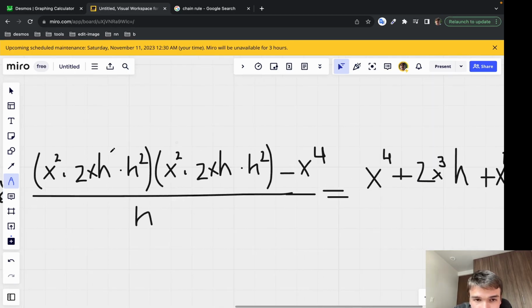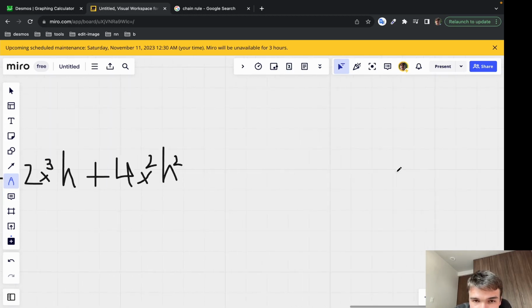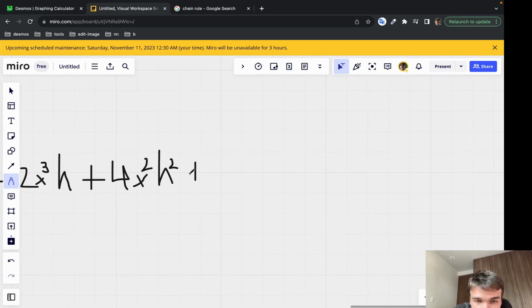So this is what multiplication between them will result in. So 2xh multiplied by h squared is going to be simply 2xh squared. So plus 2xh, oh no, first x and then h squared.